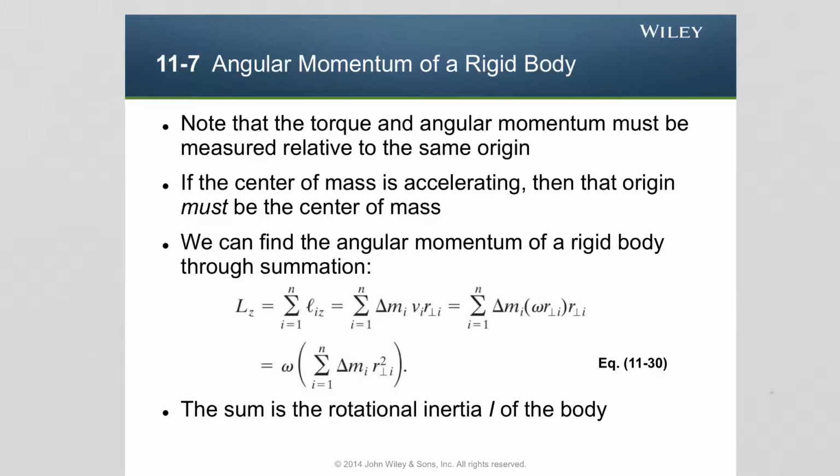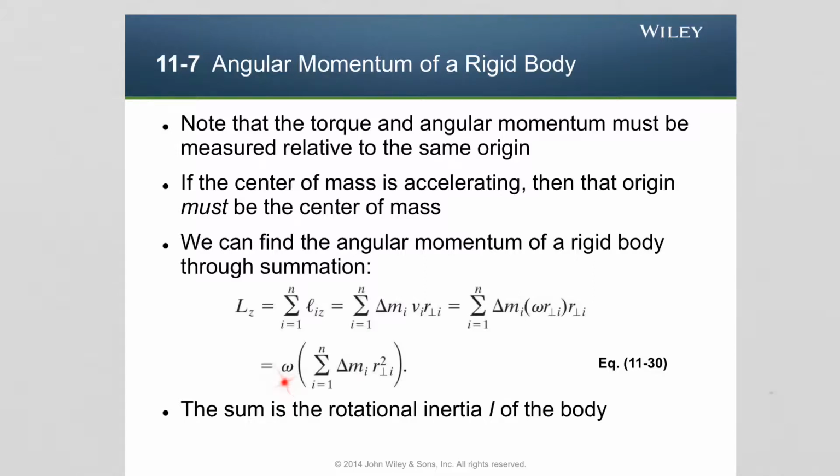And then from the definition of the angular momentum, we get the mass of each particle, delta m, times the velocity of each particle, times the perpendicular component of the position vector to the trajectory of that particle. And after replacing the linear velocity of each particle with its relation to the angular velocity of rotation, omega times r perpendicular, I end up with this product.